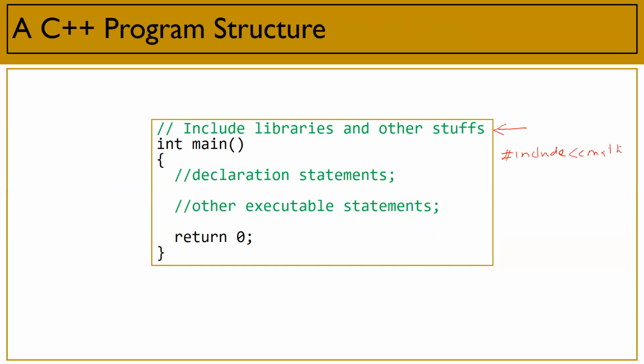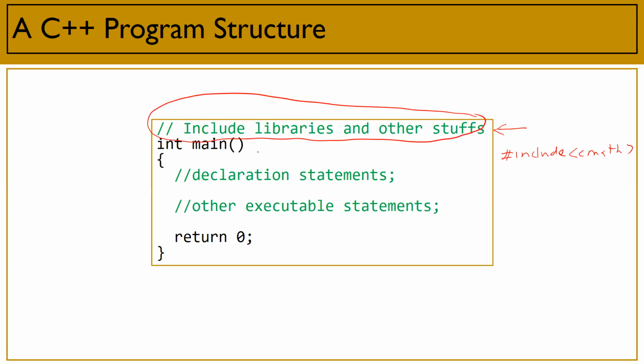So here we include some libraries and other things. Later on, we will see that we can also declare global variables and the prototype of a user-defined function. So we can include other stuff.